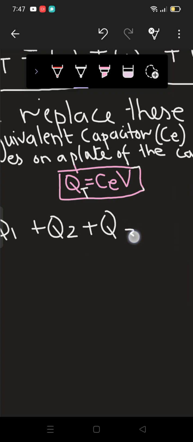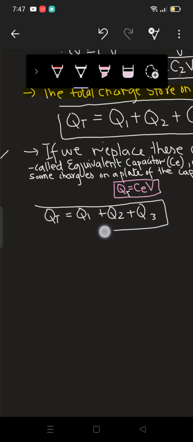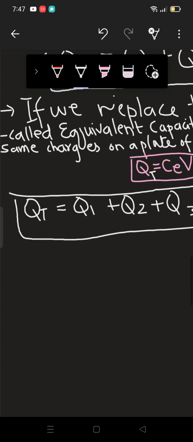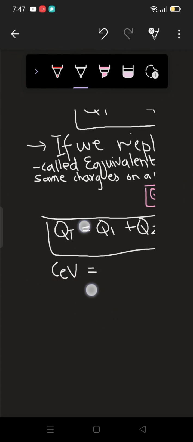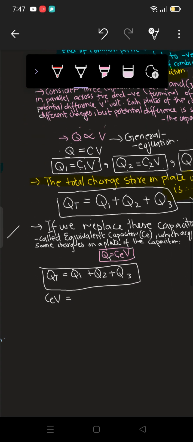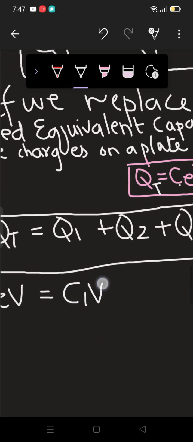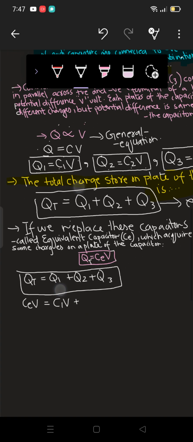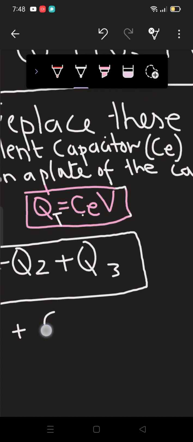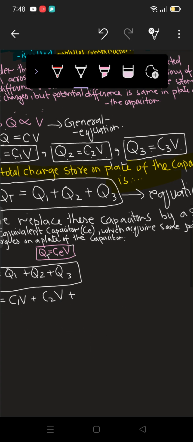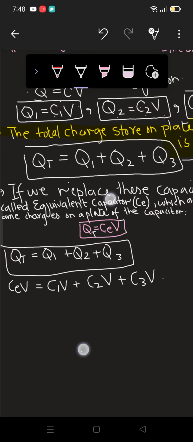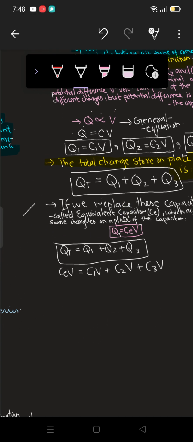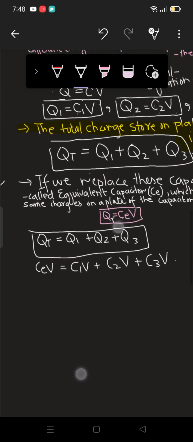So QT is equal to CE into V, and Q1 is C1 into V, plus Q2 is C2 into V, plus Q3 is C3 into V. Now see what is common here.